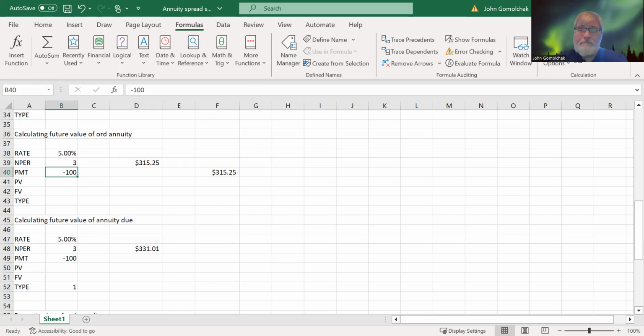Yes, we did. But what we were looking at was one lump sum payment that was going to be moving forward in time. Now what we're talking about is annual specific amounts paid on a regular basis for a regular number of periods of time to get to a number that we want to get to in the future.